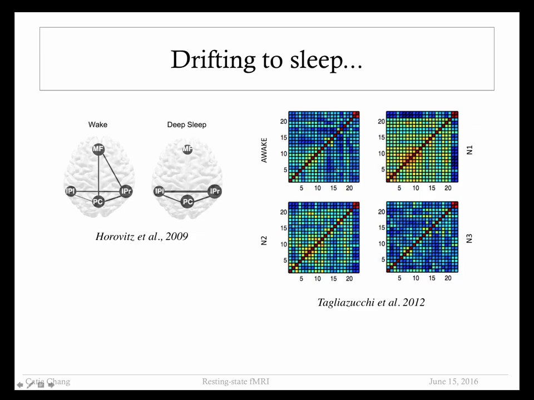And over here, they found that you may be able to identify different sleep stages based on looking at whole brain patterns of functional connectivity. That's kind of exciting because you may be able to do sleep stage identification just based on fMRI alone.